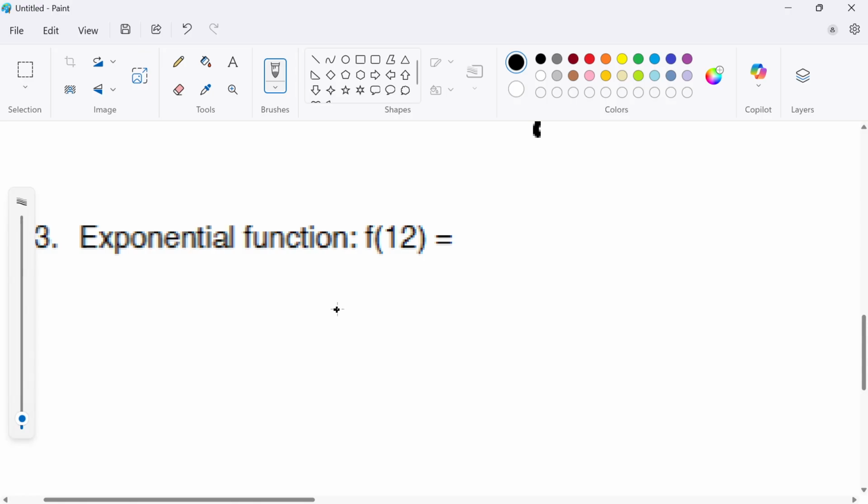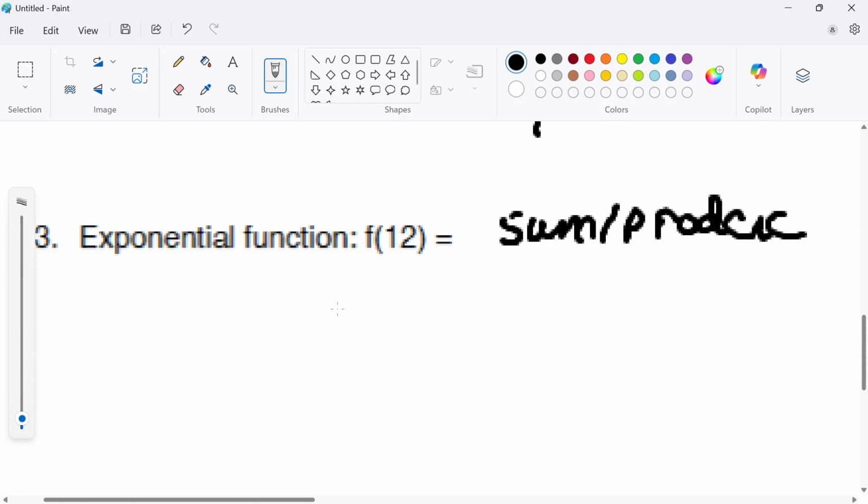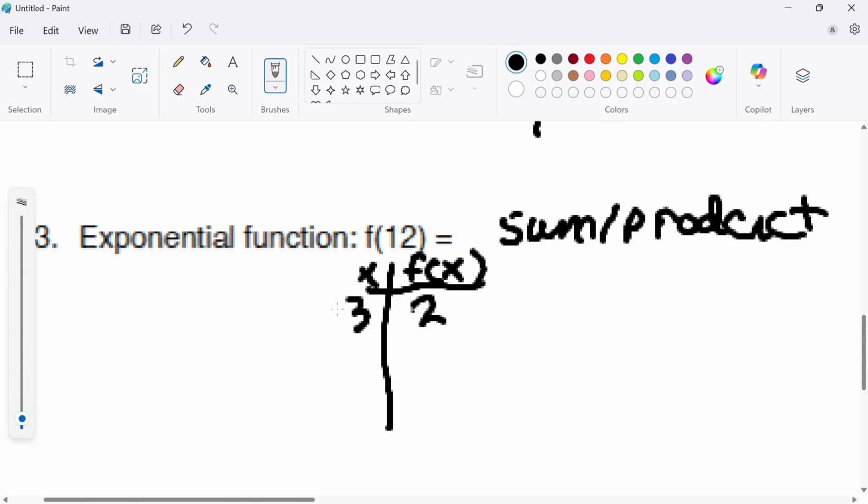Exponential function. Exponential function is sum, product. So I'm going to make a table again. X, f of x. And then I have 3 is 2 and 6 is 8. Well, sum: I added 3, and product: 2 times 4 is 8.